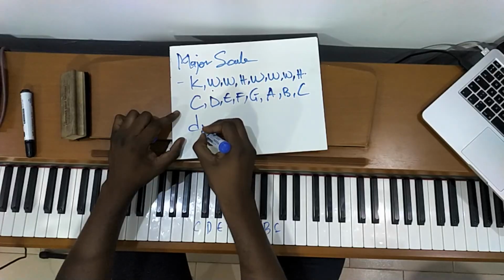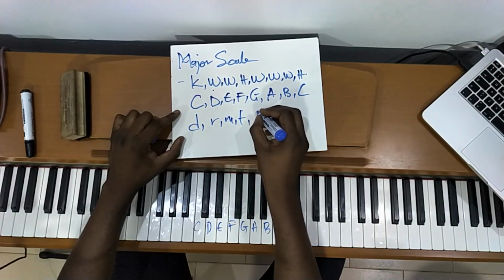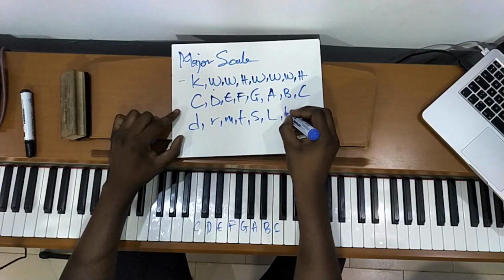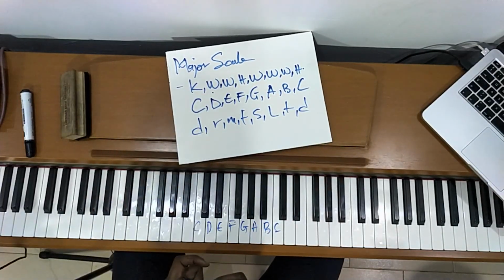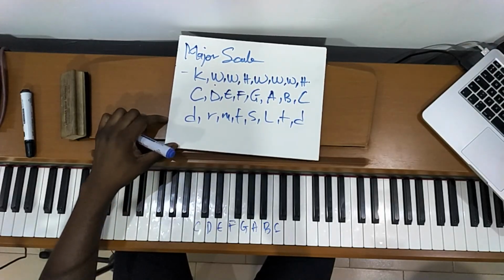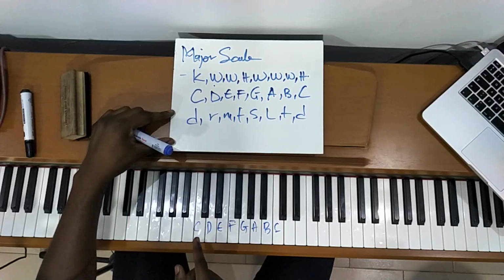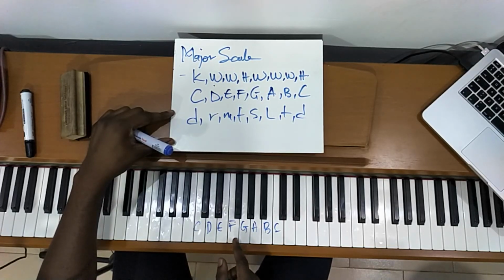So this is the do, re, mi, fa, sol, la, ti, do. Okay, so let's see. This is C, D, E, F, G, A, B, C. Okay, so let's see if it makes sense. So it is the do, re, mi, fa, sol, la, ti, do.